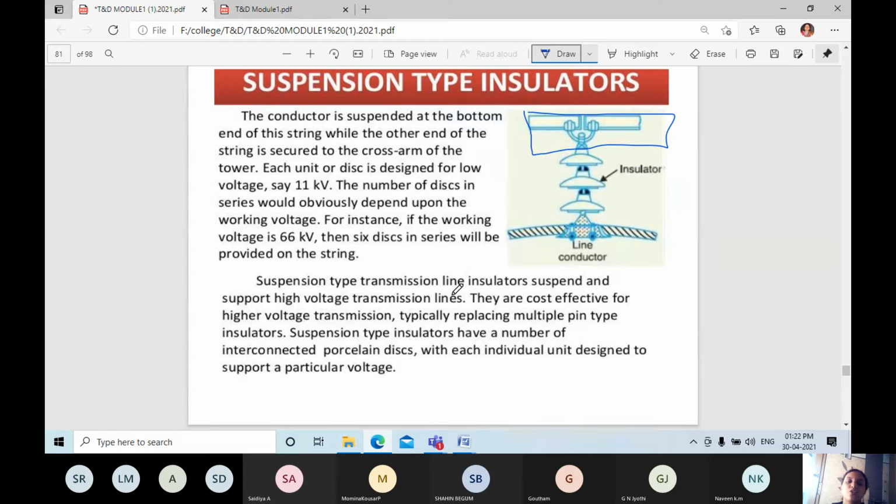That is, it has so many discs in this suspension type. It is used especially for high voltage transmission. Pin type insulator and this suspension type insulator are somewhat similar.